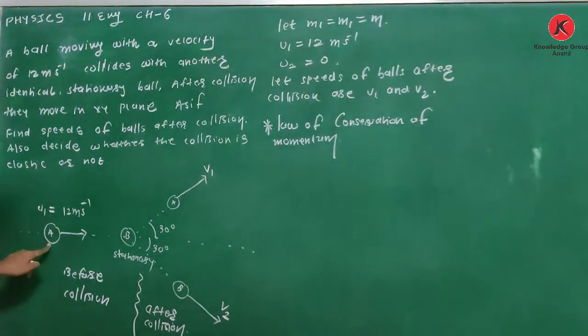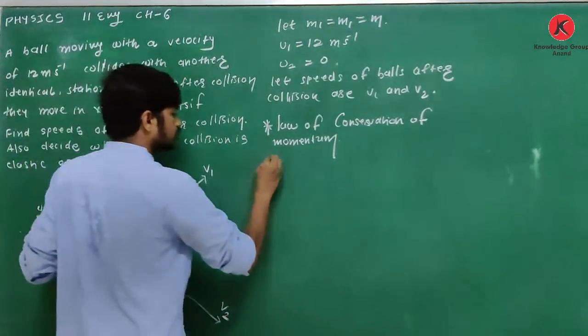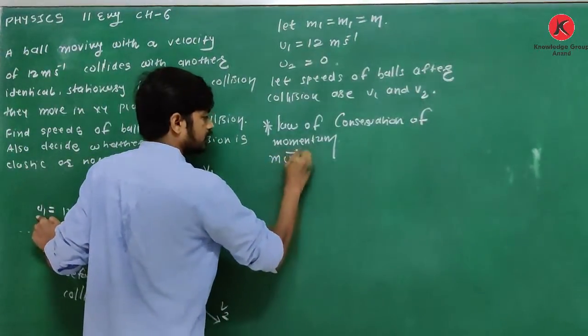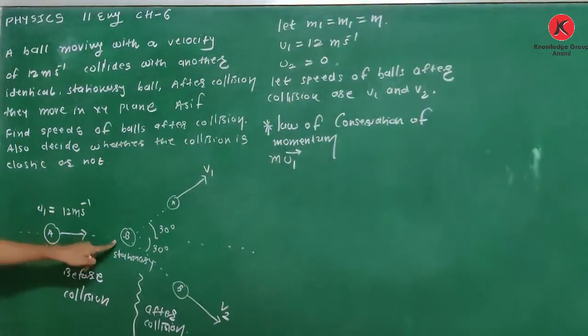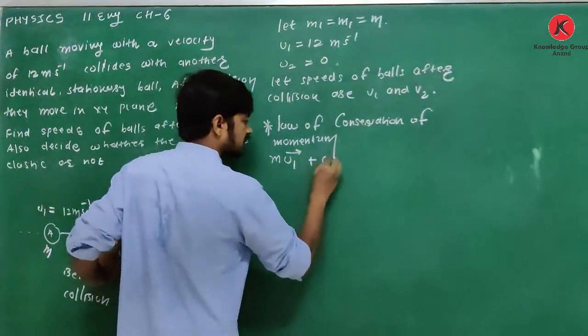Object A having mass m is moving with velocity u1, so its momentum is m u1. B is stationary, so its momentum is 0.